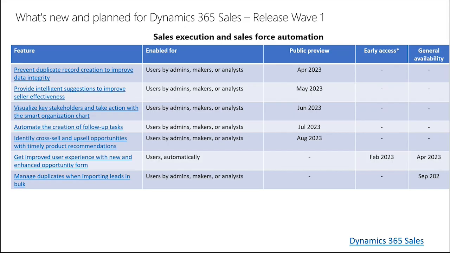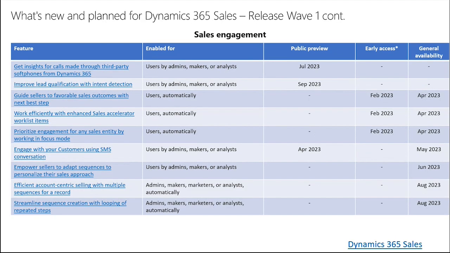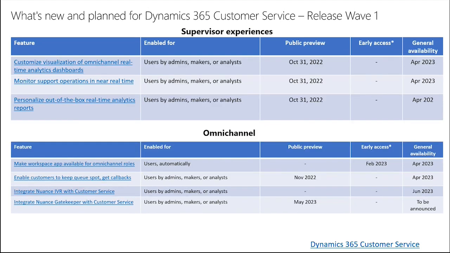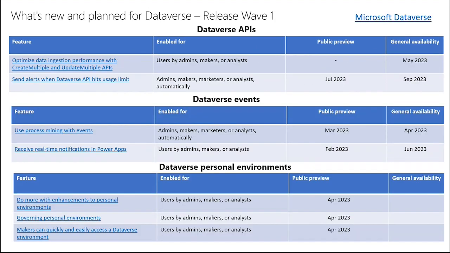All right, moving on. And I think we just have a few slides here we can go through of the different features that are in release wave 1. This first one is for sales. If we can move forward. The second one is around customer service. Or I guess there's two slides for sales, and we have customer service, and a couple of those, and then also the last one is around Dataverse.